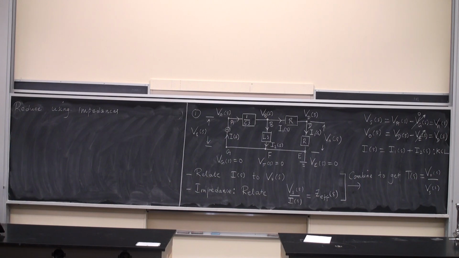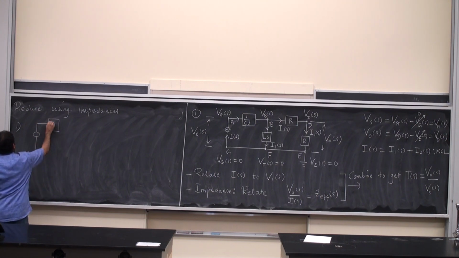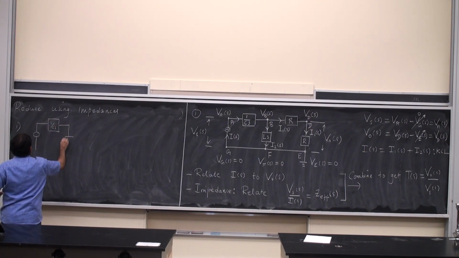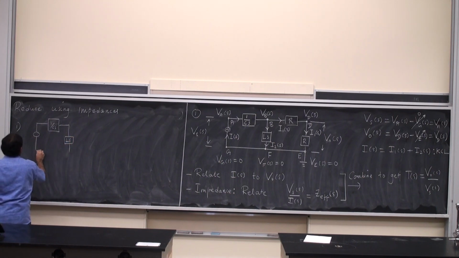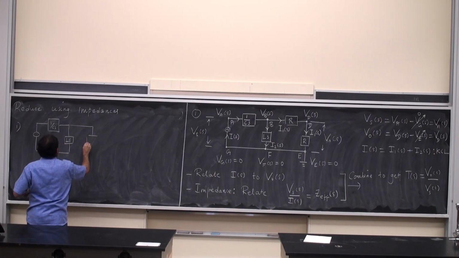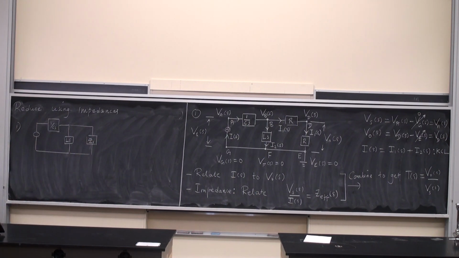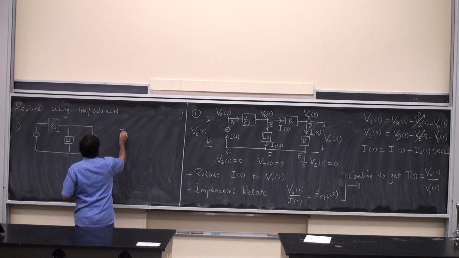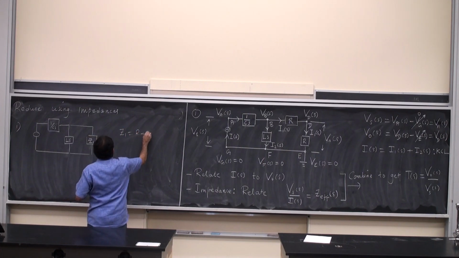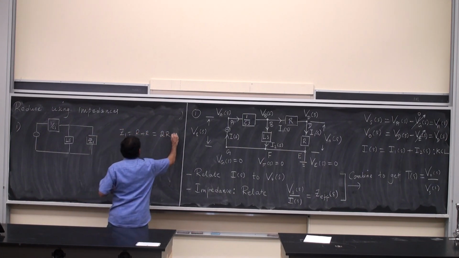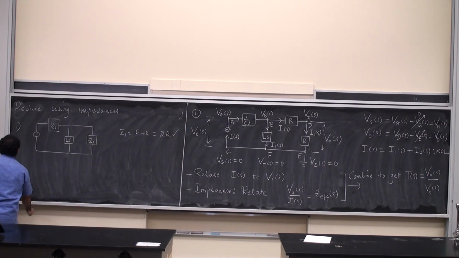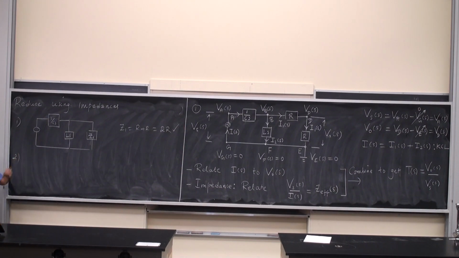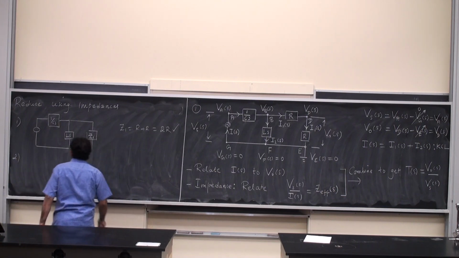Take the two R's, they are in series, add them up. Okay, so the first reduction is 1 by CS, LS. I'm going to call it Z1, and Z1 is R plus R, which is 2R. This is Vs of S.